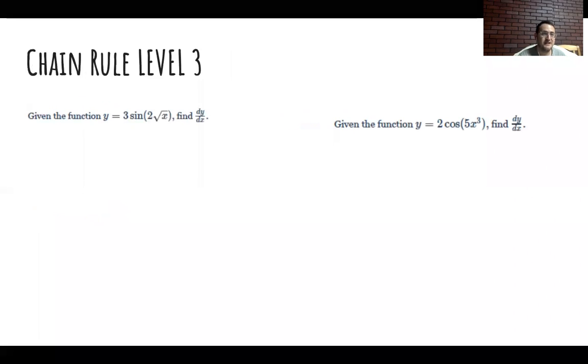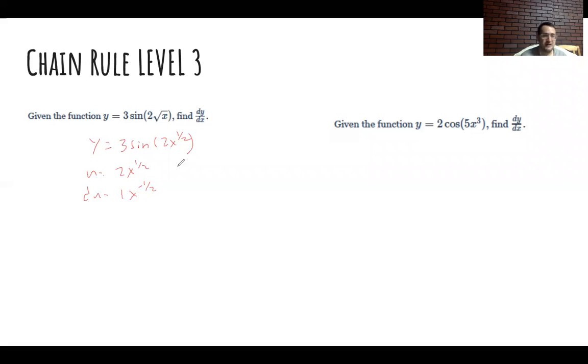All right, let's mix and match here. We can grow up a little bit. These are the chain rule level 3s. My advice for this one is to write this as a fractional exponent. My u is going to be 2x to the 1/2. My du is going to be 1x to the negative 1/2.